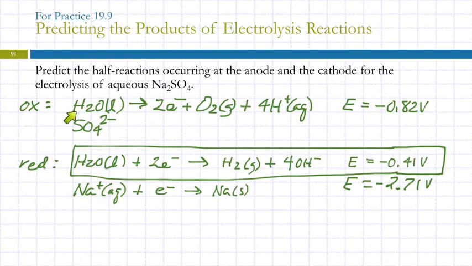So sulfate, I looked through the table in the back, that list of electrode potentials, and there's not really any great reactions with sulfate. The only one I saw involved it going to sulfurous acid, but that involved acid, hydrogen ions. And we don't have hydrogen ions here, not substantially, right?